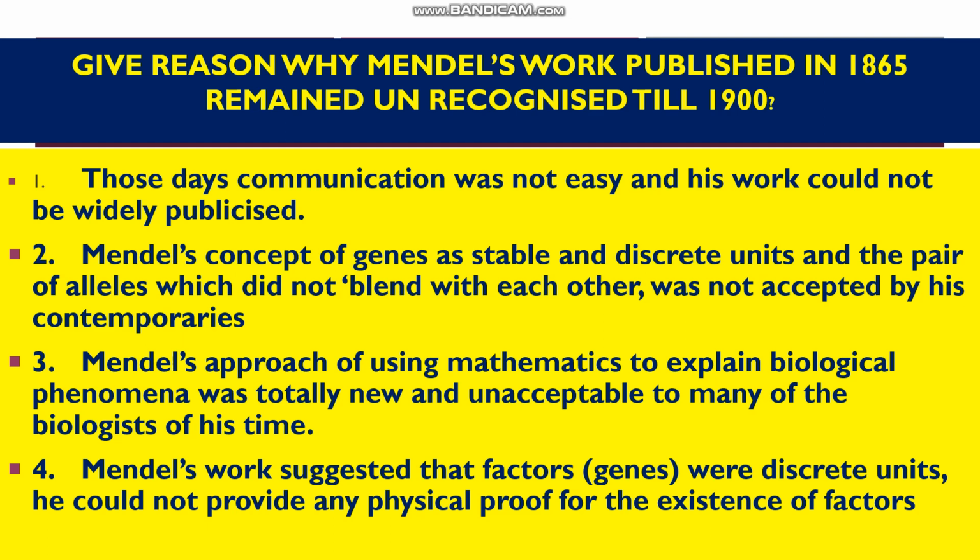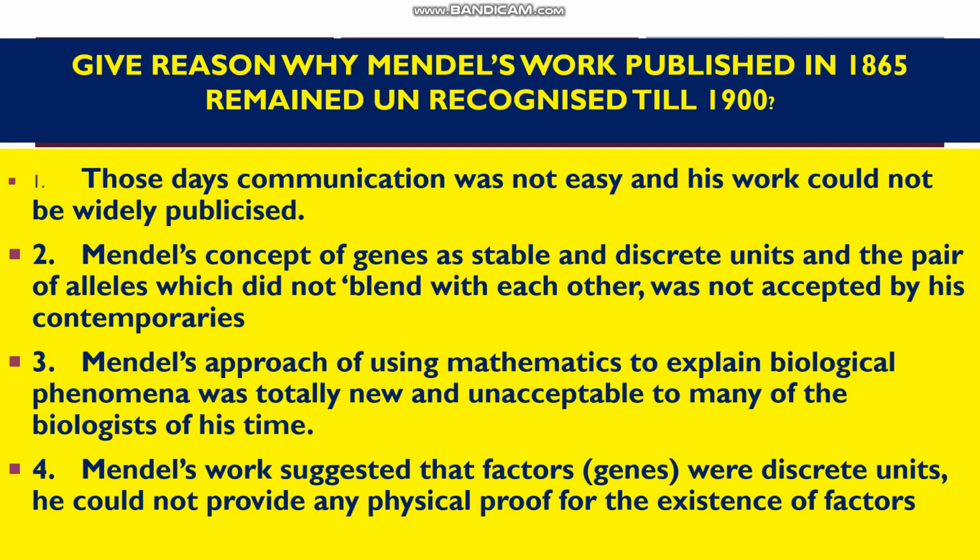The reasons are, as all of you know, during that period communication was not that easy and his work could not be publicized. Another reason is that Mendel stated that the factors are discrete and stable. But his contemporaries believed in blending inheritance and hence it was not accepted.